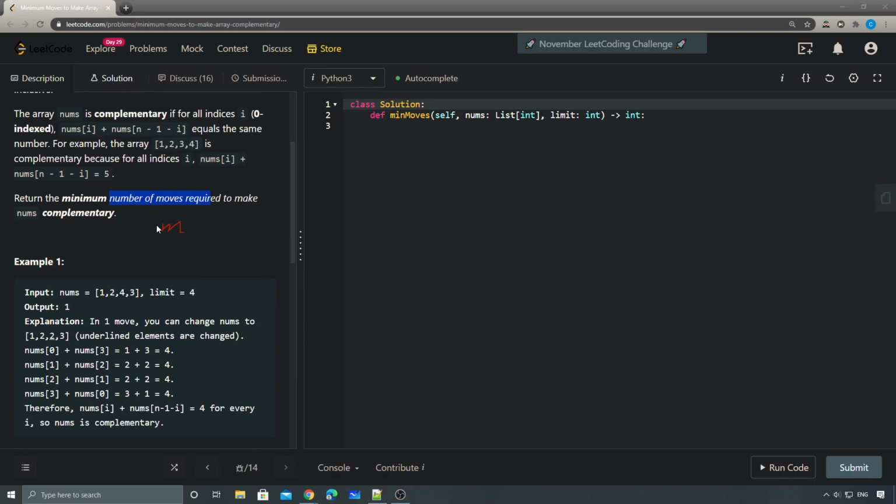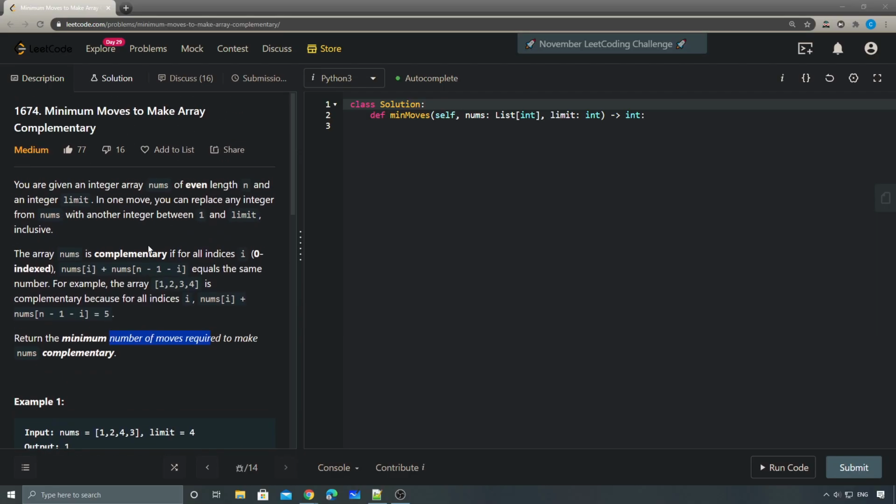Even given the number of moves, which means within m moves, can we make these numbers complementary, we still need to figure out which sum we need to choose, basically the target sum for all the pairs. So that's not going to help us. So binary search is not an option.